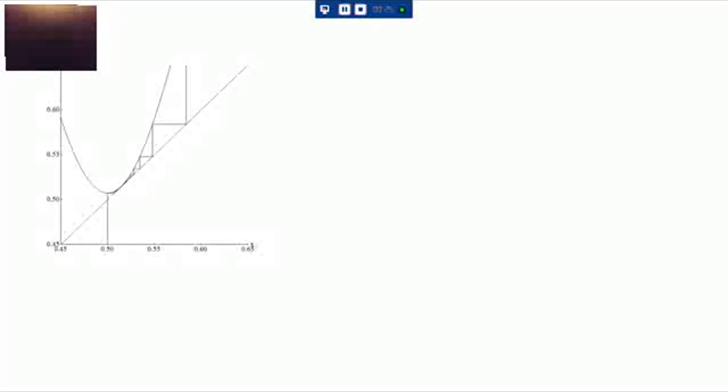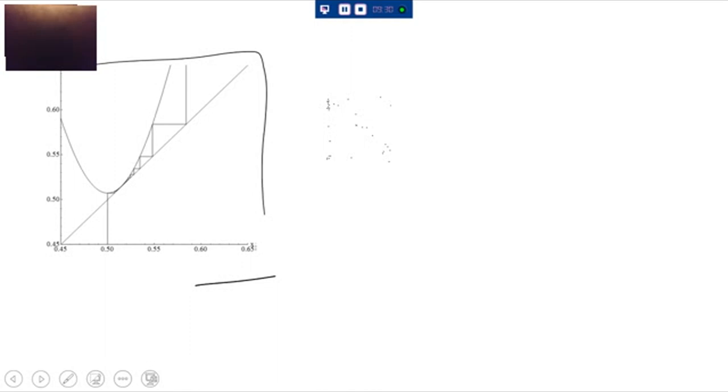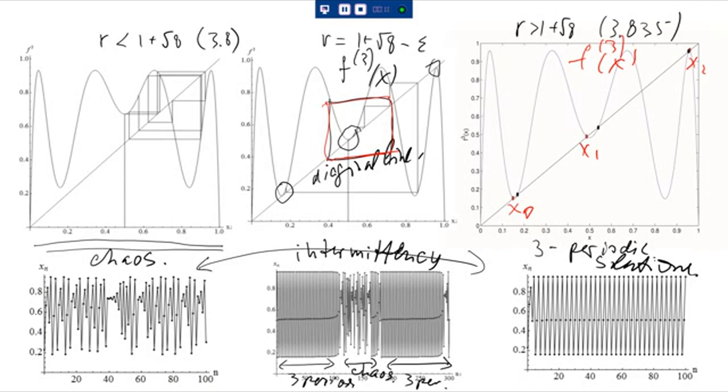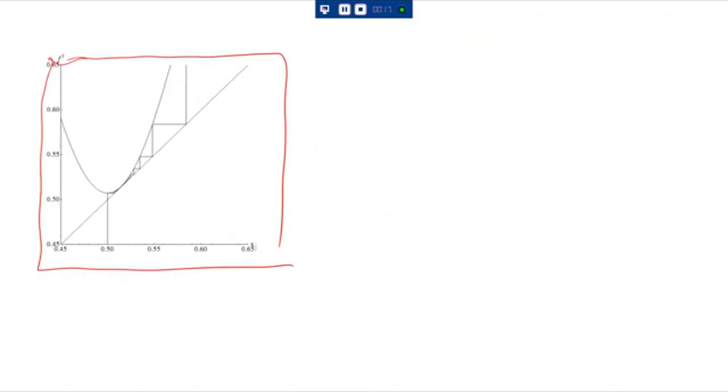So this is illustrated here. So this piece here, we can say it is like this piece. To explain the intermittency regime, I will consider this image, and this image in fact is this red image in the middle. So this is just a small part of the f^3 function. So what we can see here, assume x_0 is 0.5.